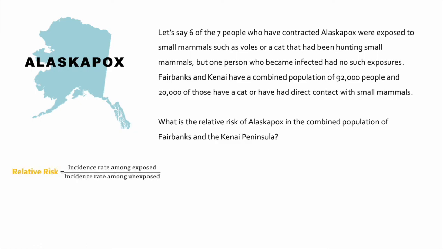Relative risk is the incidence rate among the exposed group divided by the incidence rate among the unexposed group. So we would divide the 6 people with the exposure who got Alaskapox by the 20,000 people with the exposure, divided by that one person who got Alaskapox even though they had no exposure, divided by the unexposed population, which we find by subtracting the exposed from the total population, which gives us a relative risk of 22, rounded to the nearest whole number.